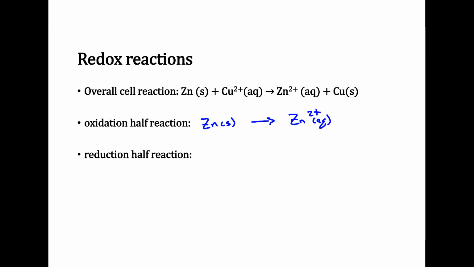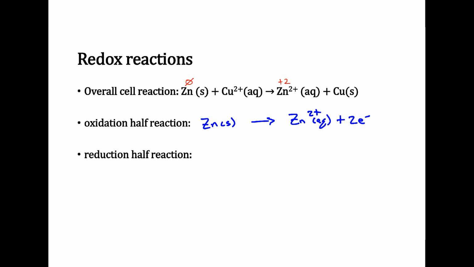All right, so is this process oxidation or reduction? Well, we can see that zinc is going from an oxidation number of 0 to an oxidation number of +2, so it's losing electrons, so it's an oxidation process. So whenever we're writing out our oxidation half reaction, we'll put 2 electrons in the products.